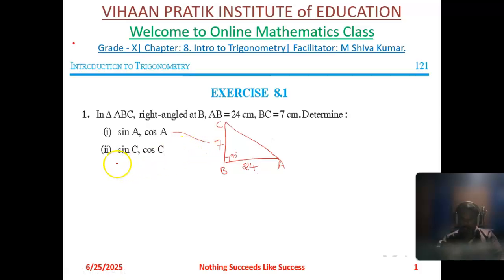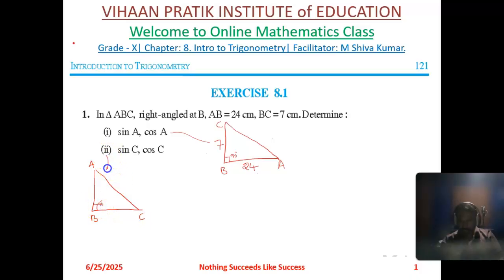Now for bit 2, let's draw another diagram. Same right angle triangle, right angled at B, but with respect to angle C. So here we'll name the vertex as A, this as B, and this as C. Same 90 degrees.